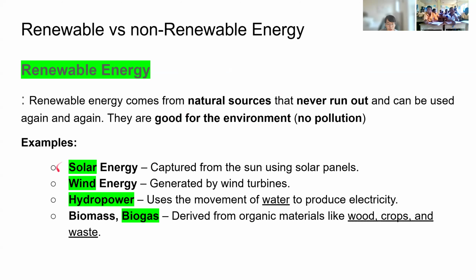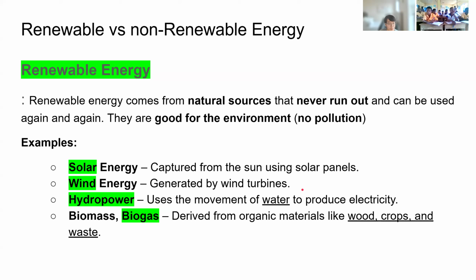Things like solar energy come from the sun. We always have access to the sun, and solar energy from the sun can be reused. Also, wind energy, which is generated by wind turbines. We always have winds that we can use to make energy, to make the wind turbines spin.